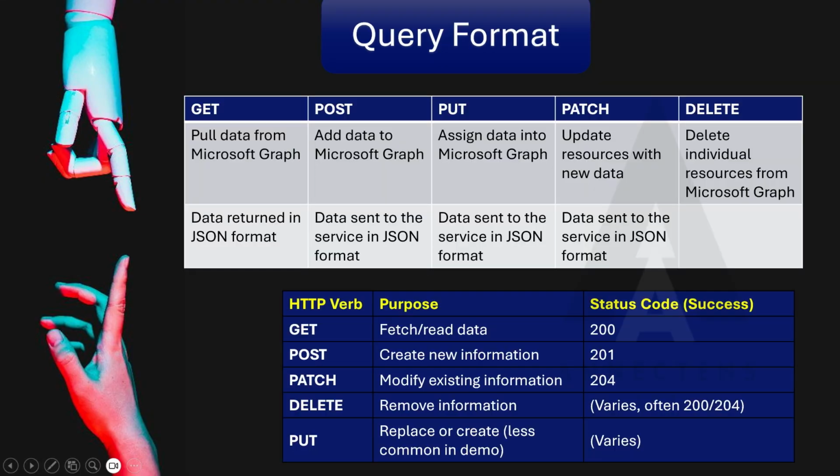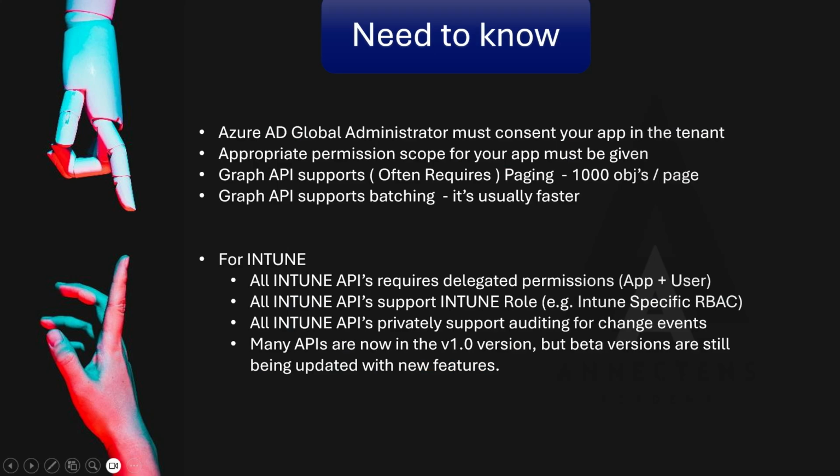Next, the Graph API supports paging. Often it returns thousands of objects, and per page we can get a limited number.